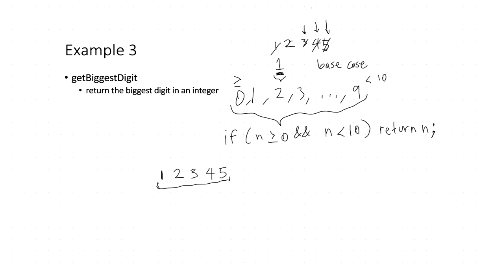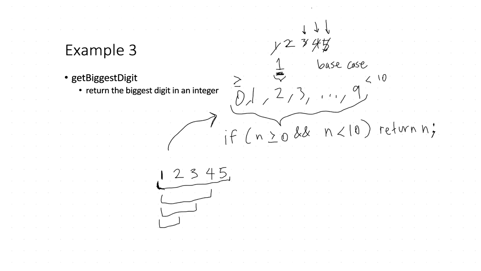So back to the problem. This is the big version of the problem that you want to solve. To make sure that you're able to solve it, you want to work with smaller and smaller versions of it until you can get down to this base case.